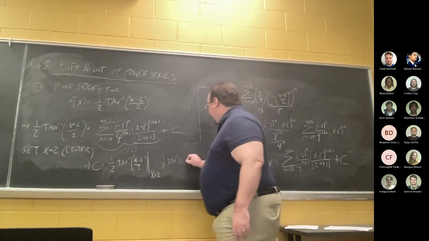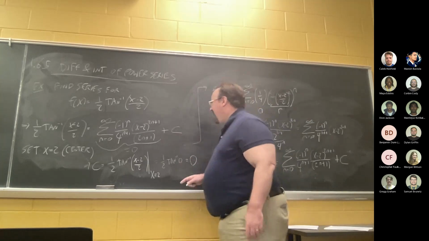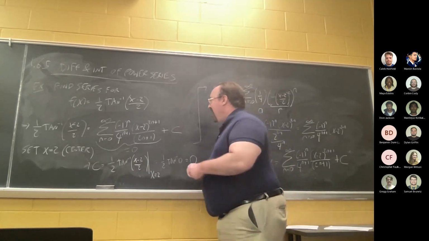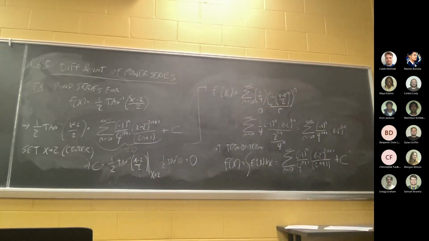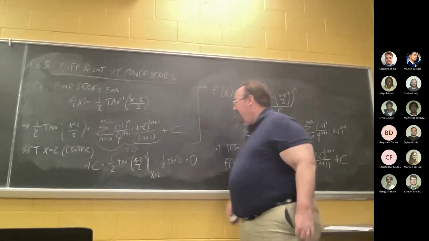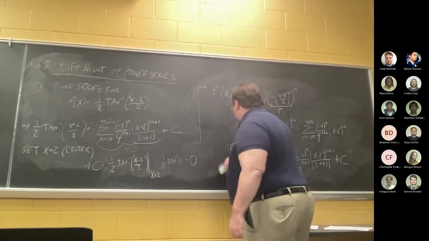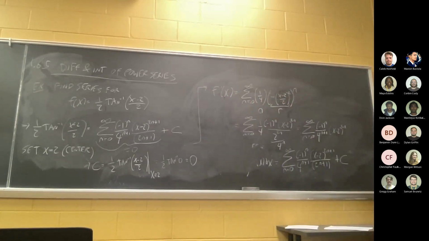Okay. Yeah, because tangent of 0 is 0. So, psych, we don't need this after all. In this example, it turned out to be nothing, but for other examples, you might. So that's why I'm going through this whole thing, because you never know. Any questions about how that one played out?